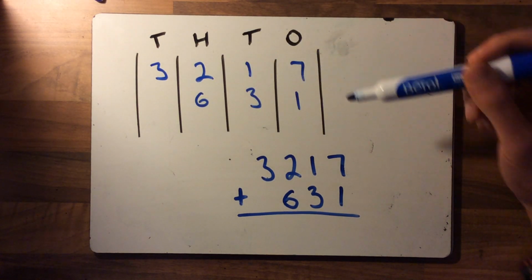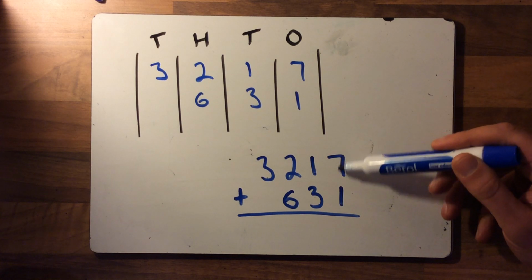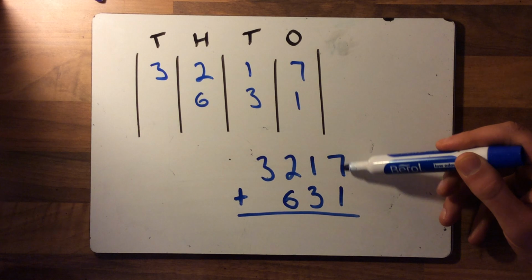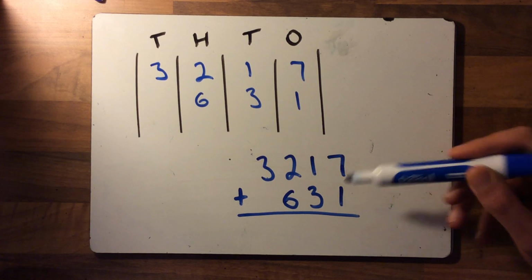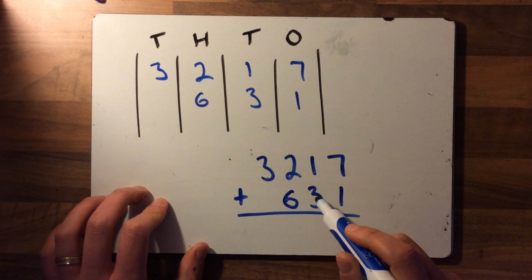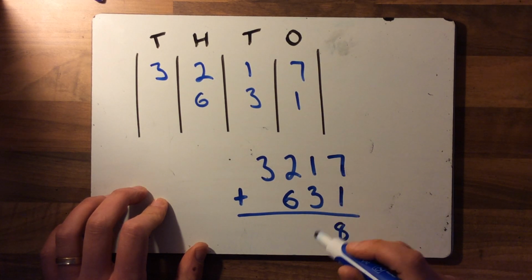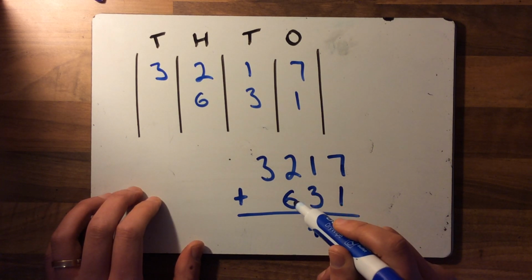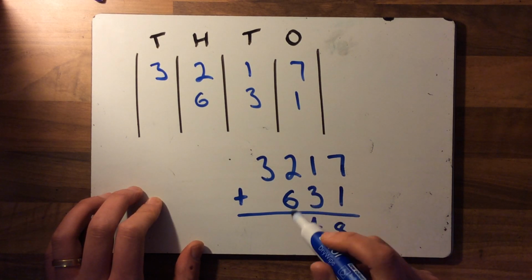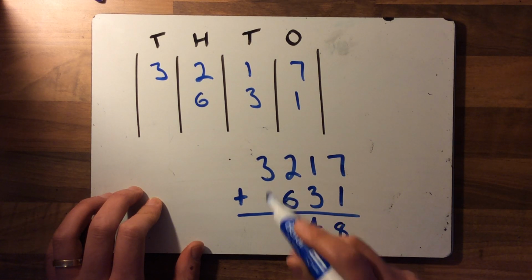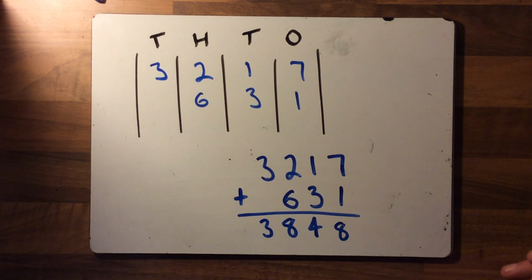That's why we've lined them up, because when I come to add these, I'm adding the same unit, aren't I? I'm adding 7 ones and 1 one to get to 8. Then I'm adding 1 ten and 3 tens to get to 4 tens, or 40. Then I'm adding 600s and 200s to get to 800s. I'm adding 3,000 and there's nothing here, so that's why it's just 3,000.